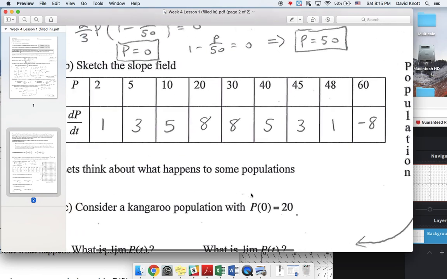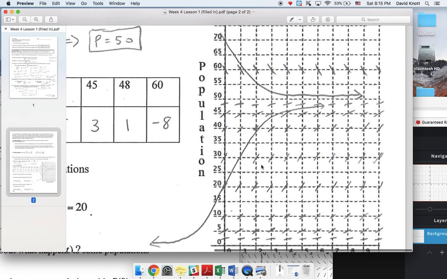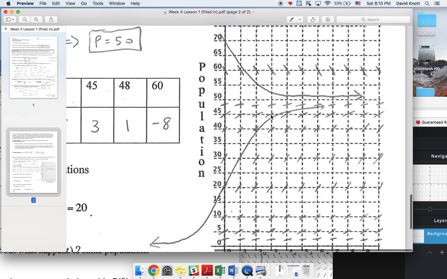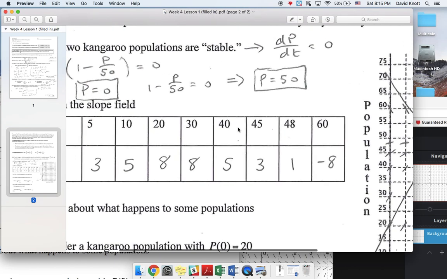So if you plug each of these numbers in, here are the values that you get. And if you plot the slope field, you have something like this. Now what I want to draw your attention to is the fact that we have these two stable population values, right? 0 and 50.